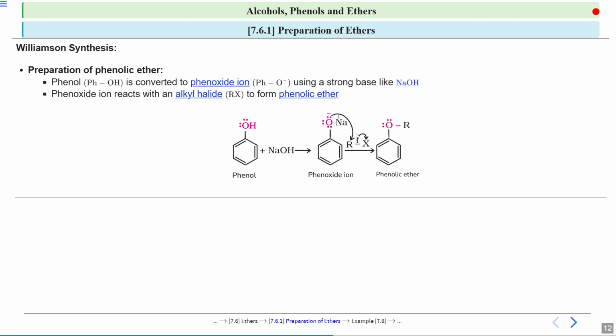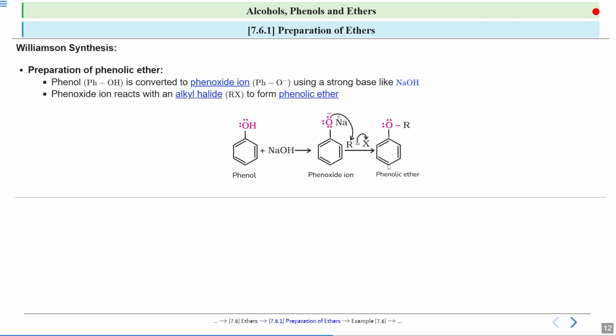So this is your phenoxide ion, or more specifically sodium phenoxide. Now if you have an alkyl halide, that is R connected to any halide, fluorine, chlorine, bromine or iodine, then this oxygen with its electron density will attack this R group and X will leave from here. So Na plus and X minus will leave and the R group will attach to this oxygen. So this is your phenolic ether.